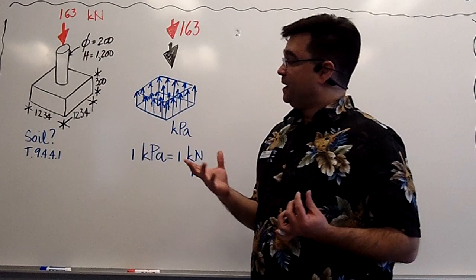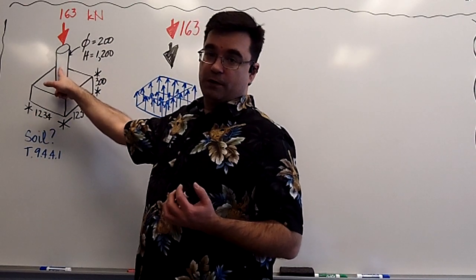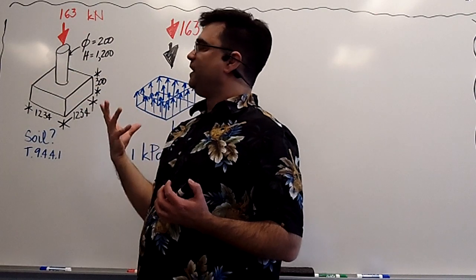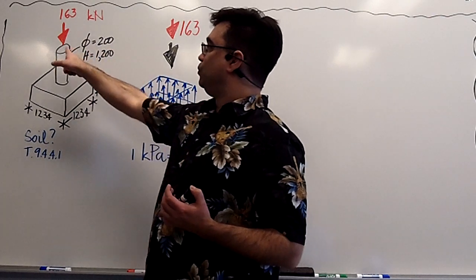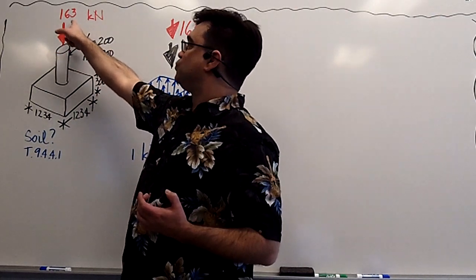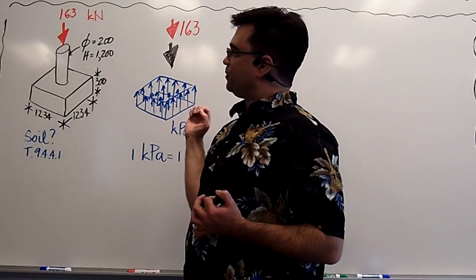What we have here is some form of pad footing with a circular pier on top of it, and we're being told that the force coming down from the building up to the top of this pier is 163 kilonewtons. We have the geometry of the pier here.